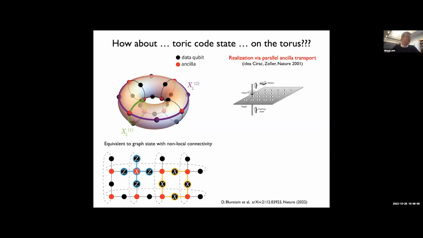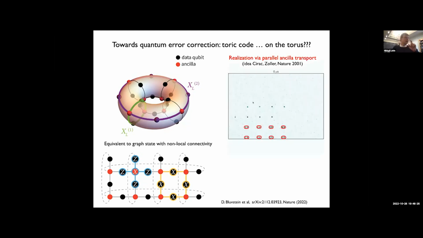They thought about some kind of quantum head which would go around and interact with arrays of ions or atoms. We implemented this idea, but instead of just one qubit in this quantum head, we utilize an array of 8 ancillas.